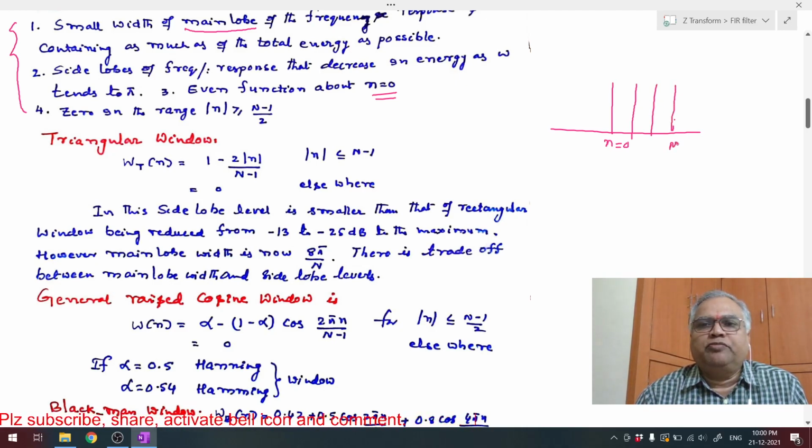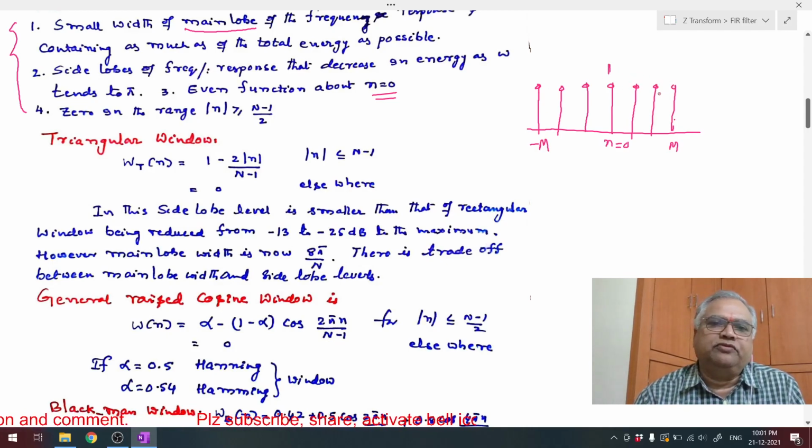This may be plus m, and this is minus m. So from minus m to plus m, all these are multiplied with 1. So what are these values? 1. This is the rectangular window.